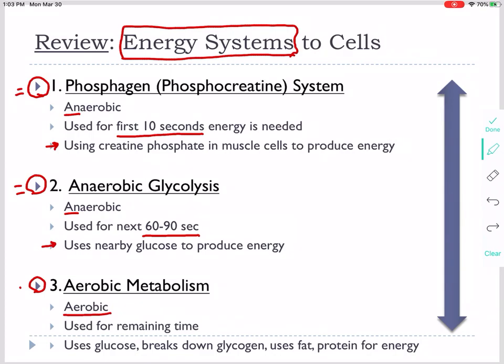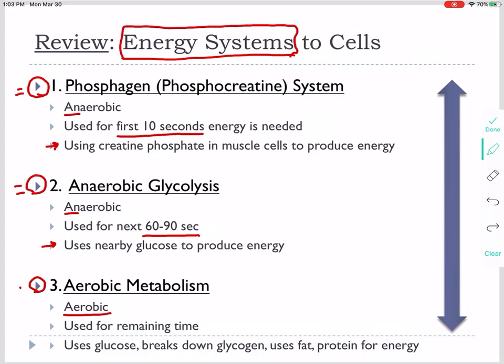And this should make sense. If I need quick energy, I'm not going to have time to increase respiratory rate, to bring in oxygen all the way through the airways, to exchange it with the lungs and the blood, transport that oxygenated blood out to the tissues, and do a second transport between the blood and the tissues. That takes time.